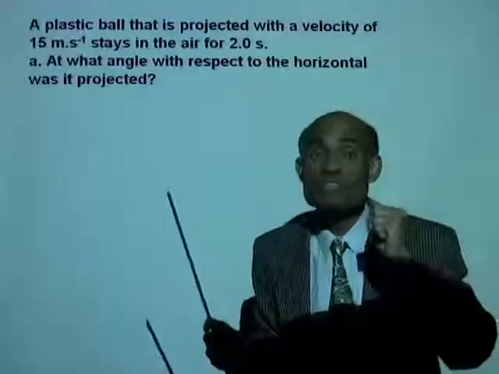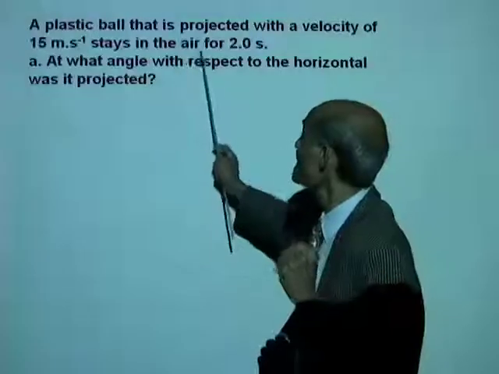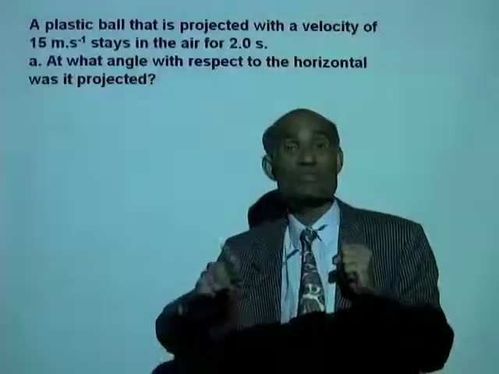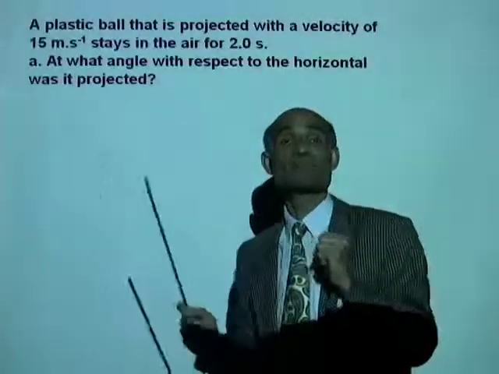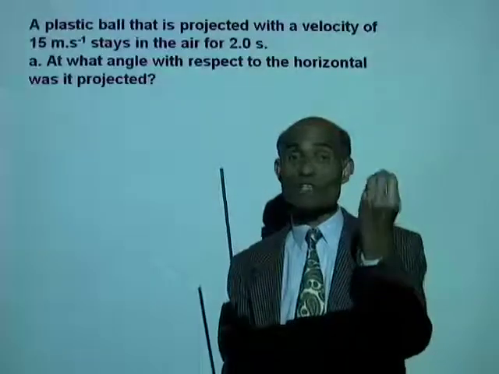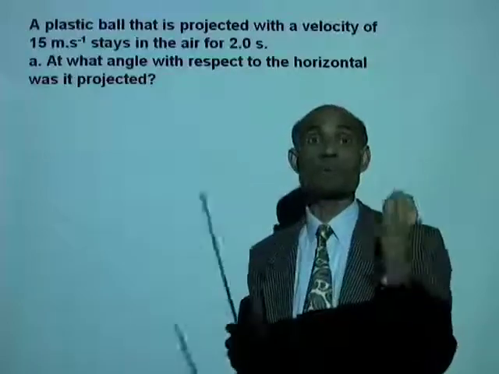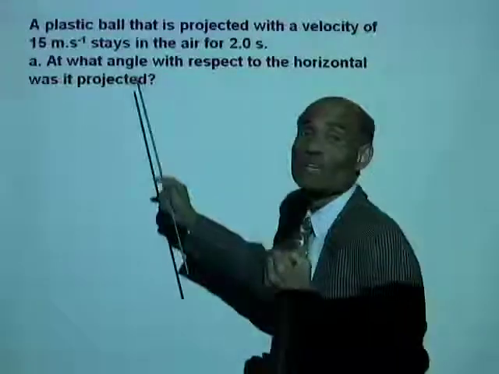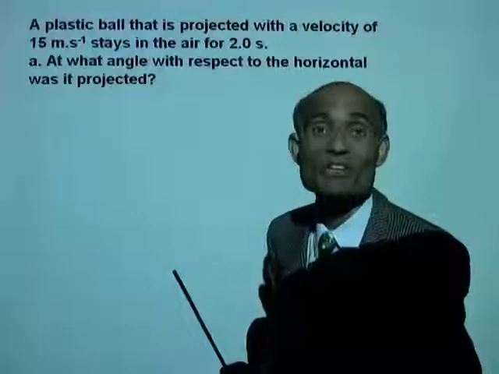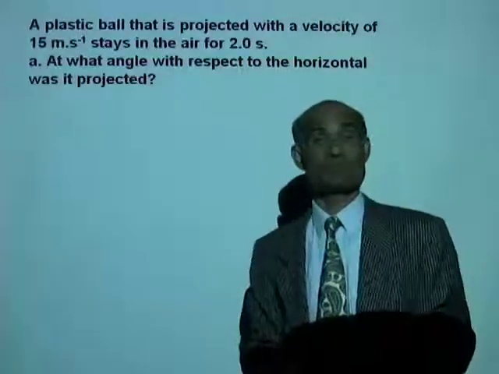That is V0. And it stays in air for 2 seconds. That is the time of flight. We know the initial velocity. We know the velocity of projection V0. We know the time of flight. We need to find the angle of projection.